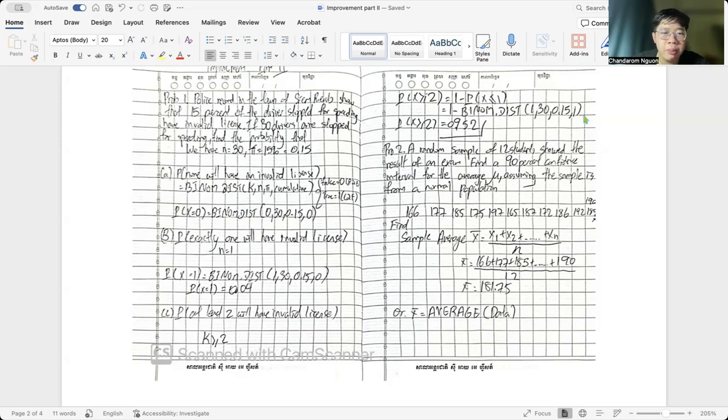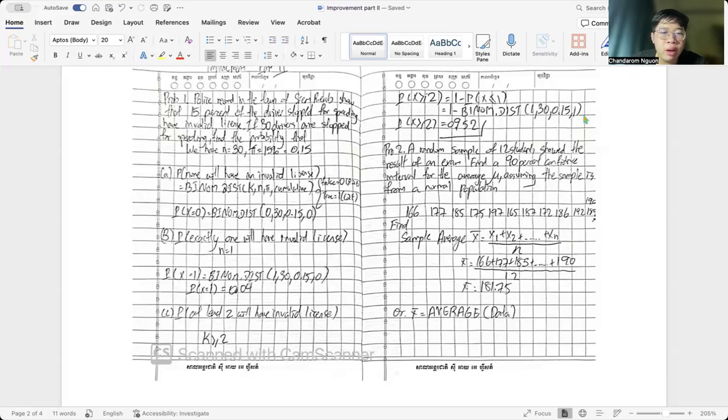To calculate the probability that none of the 30 drivers have an invalid license, we can use an Excel formula to save time and ensure that we have the correct calculation. The formula we have to use is =BINOM.DIST, with a cumulative argument, and there are two types of cumulative.